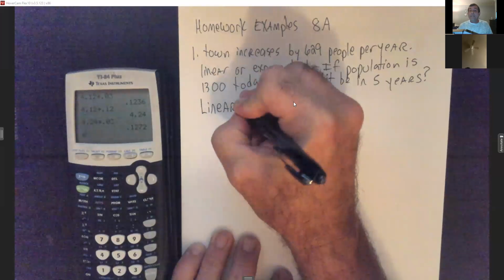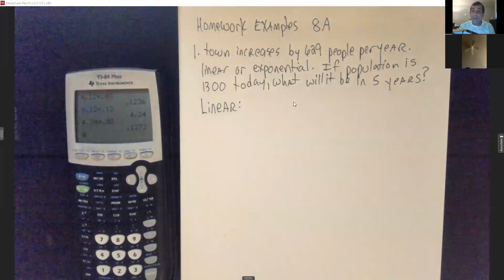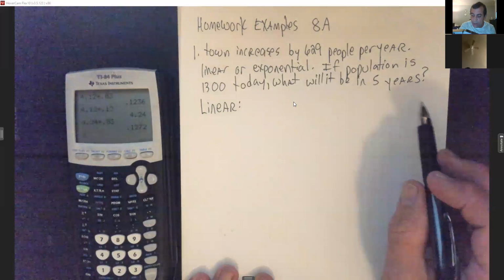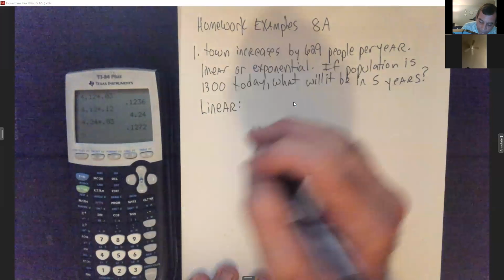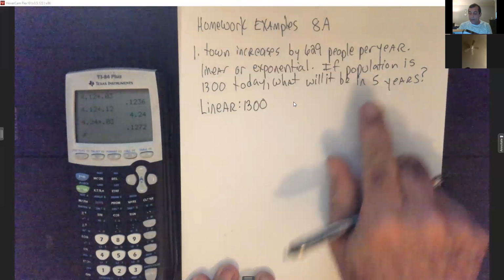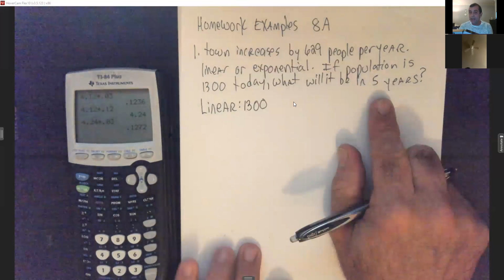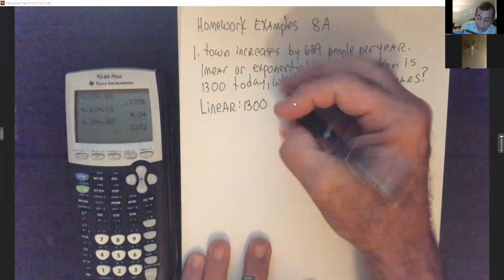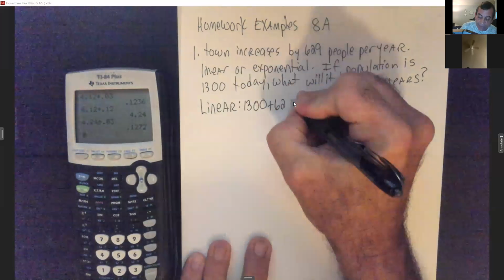Now we need to figure out that population in 5 years. So let's see, we said we were starting with 1,300 people. And it's increasing by 629 for 5 years. So we're going to add 629 5 times.